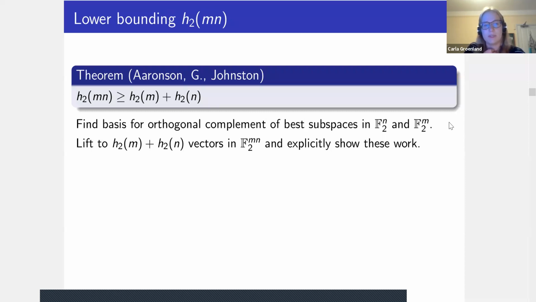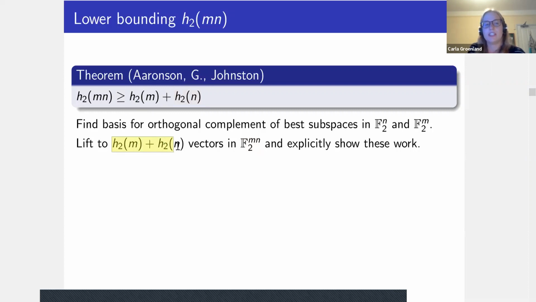I won't say too much about this proof, but just to give the basic idea: h2 of m, that just means that if h2 of m is, say, equal to 10, we can find 10 linearly independent vectors with this nice shifting property. So we can take these 10 vectors and lift them to our bigger space, and we can do the same for h2 of n.